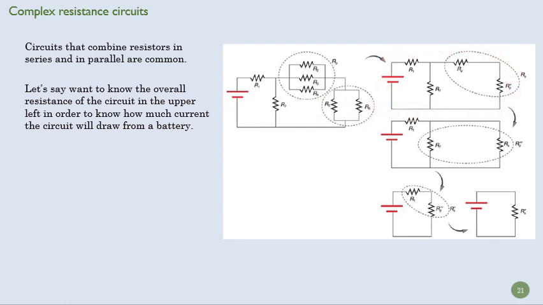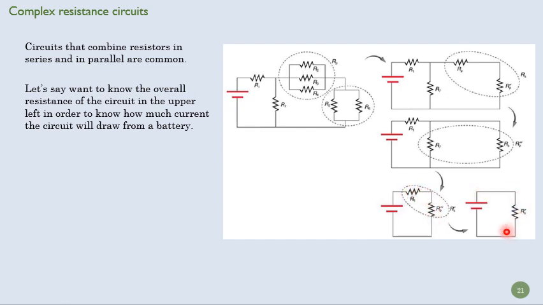Okay, now what do we do? Well, we take these guys, they're in series, and we can calculate those in series. So we come up with the equivalent resistance series. This is equivalent to these two together. And then we have a parallel circuit here, right? So we take these two and calculate those as a parallel resistance. Okay, then we put that there. And then finally we have a series resistance here. And we calculate the resistance there.